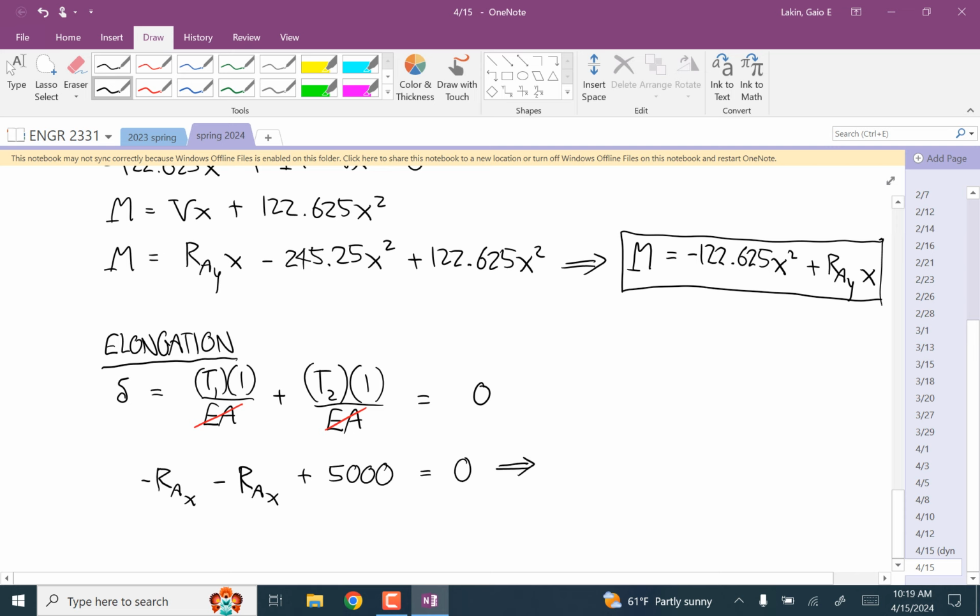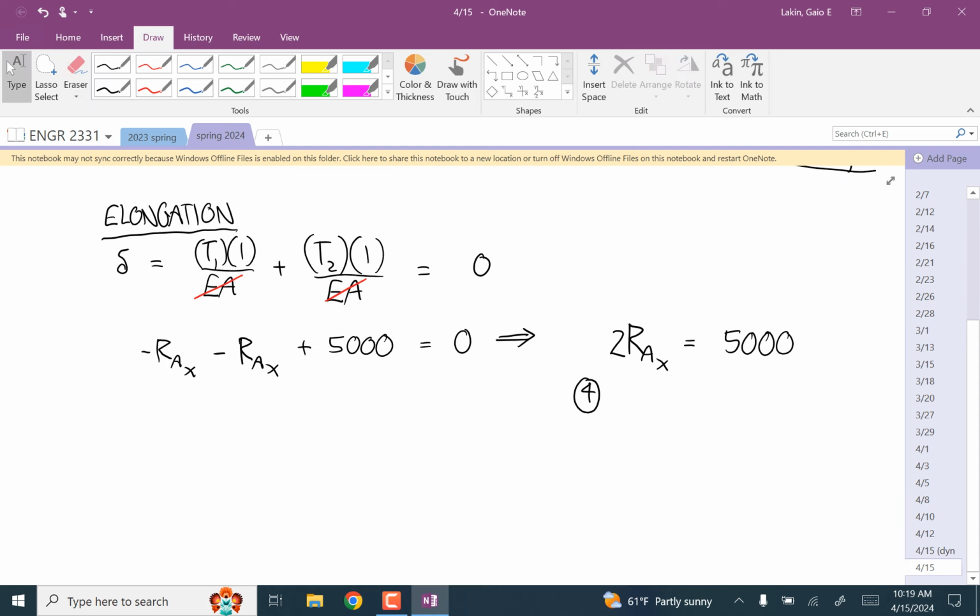And so now we get our third equation for our system. Oh, how many do we have? 3. So this is our fourth equation for our system that says 2RAX is equal to 5,000. Well, might as well solve that.